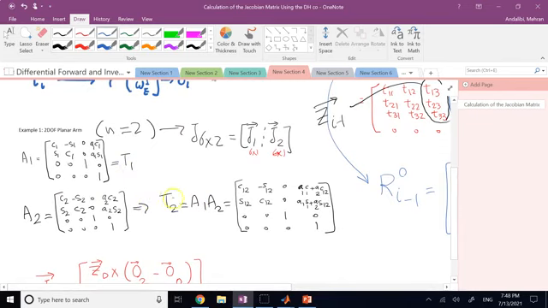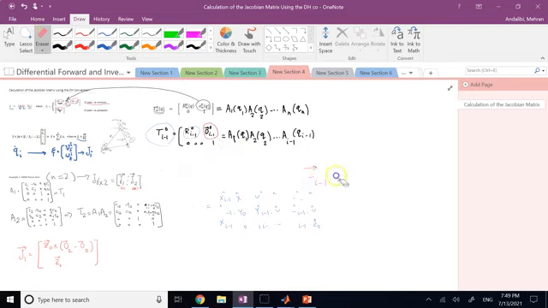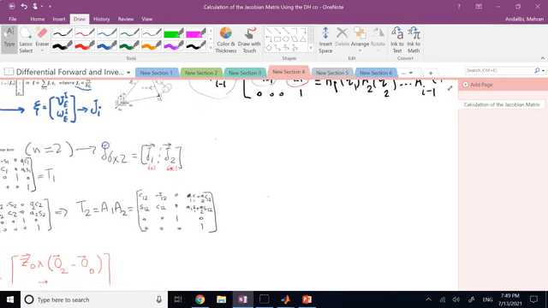T0 is the base frame with respect to itself. If you ever want T0, it's the first frame written in itself. Well, what do you think the answer is? That's right. The rotation matrix is identity because there is no rotation, and the origin of 0 in 0 is all zeros.